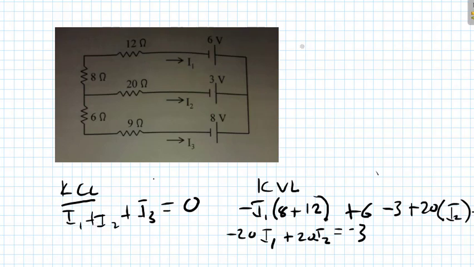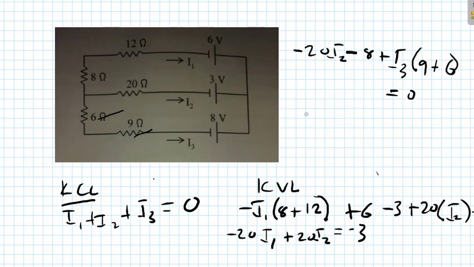Secondly, we also know that minus 20 I2 minus 8 plus I3 (9 plus 6), all this should give us 0.